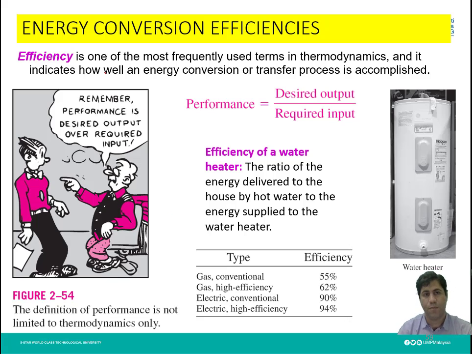Okay, the other important thing about the thermodynamic side of the system is its efficiency. Efficiency or performance of any system means how much is the output or desired output of that system compared to the required or provided input for that system.